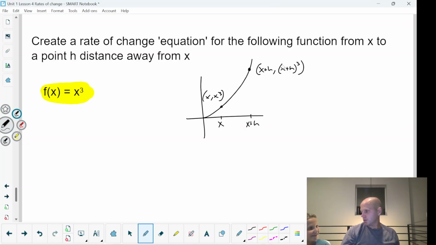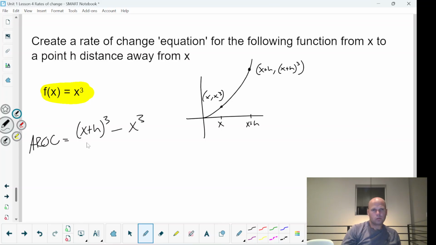4 fours. 16. What's 16 times 4? Figure that out. What is 16 times 4? Well, 40, all I have to do is 40 plus 24. 64.